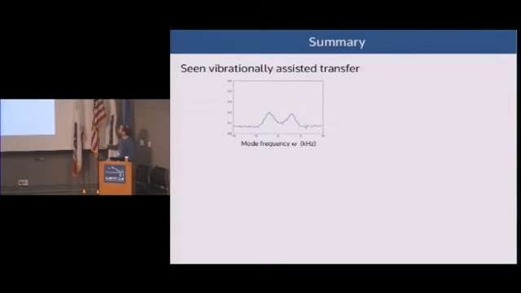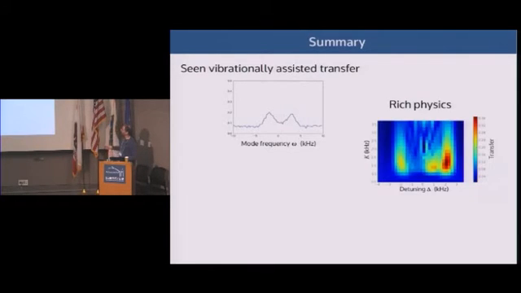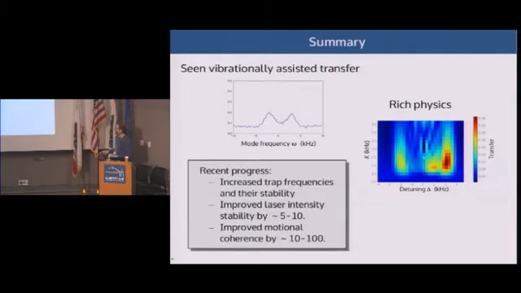Okay, with this, I want to summarize. We have seen vibration-assisted energy transfer in this system. There's rich physics to explore. At the moment, we are working on technological improvements which allow us to make a really predictive simulation, not just observe the phenomenon, but really know what exactly we do.